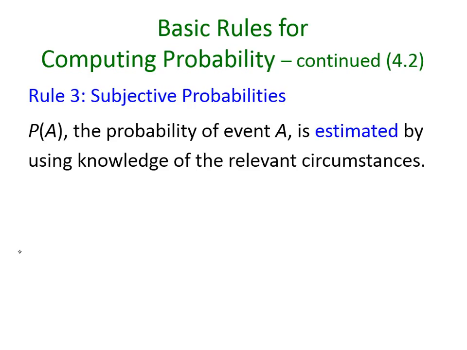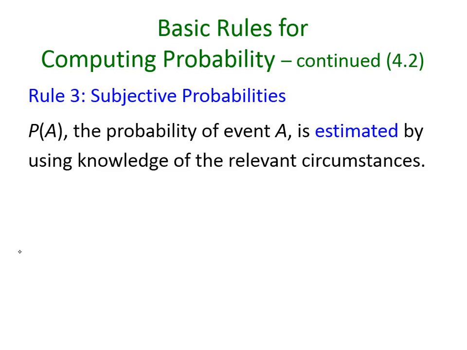If I was trying to find the probability that the next car that comes down the road is red, there's not really a great way to just guess what that probability is. But you could use your best guess, from what you know of how many people you know that have red cars out of all the cars you're familiar with.